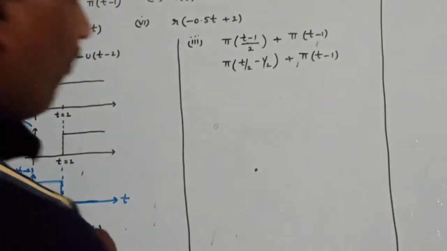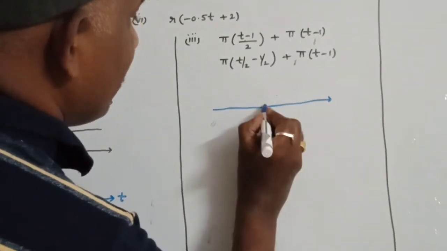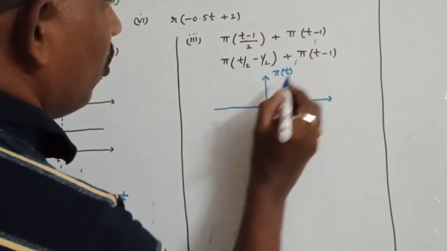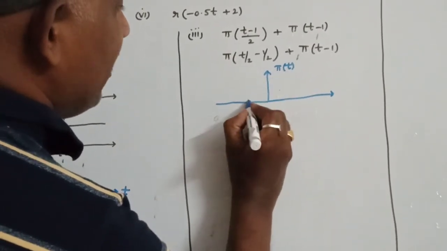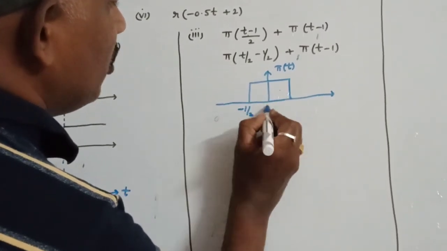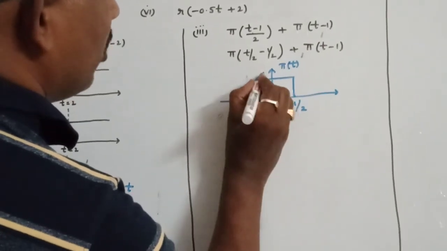First let us draw the rectangular pulse once again. What is our rectangular pulse? By the definition of pi of t, the denominator is 1, so it extends from minus 1 by 2 to 1 by 2, with amplitude 1, as you know.